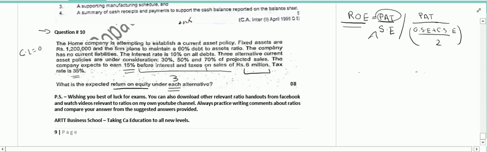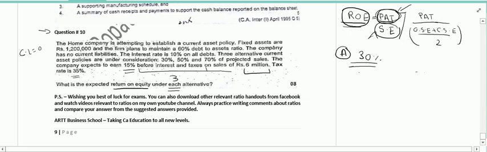Let us solve it for the first alternative. The first alternative that a company has is to maintain its current assets at 30% of its sales. Now if I have to calculate the return on equity, I need 2 things. I need profit after tax value and I need shareholders equity.